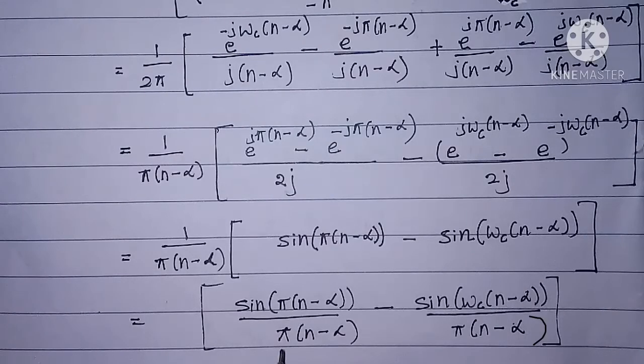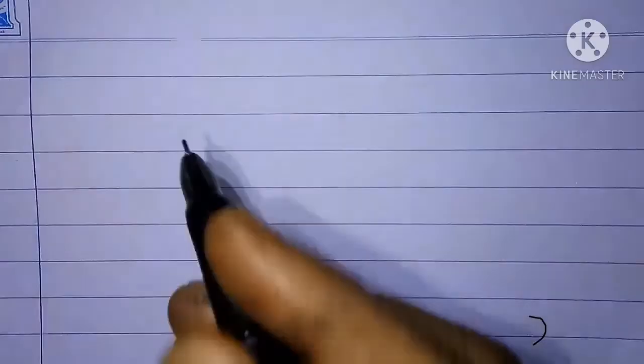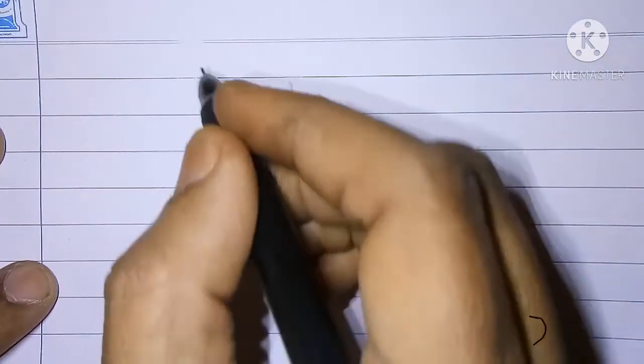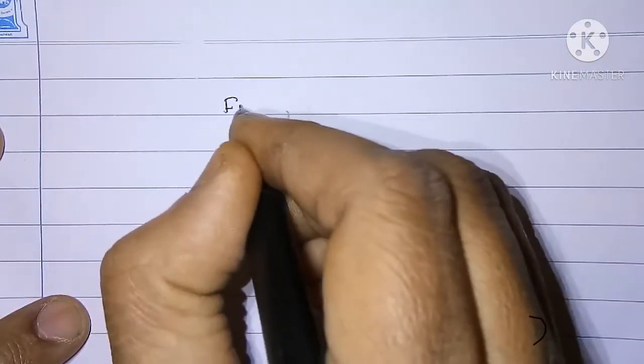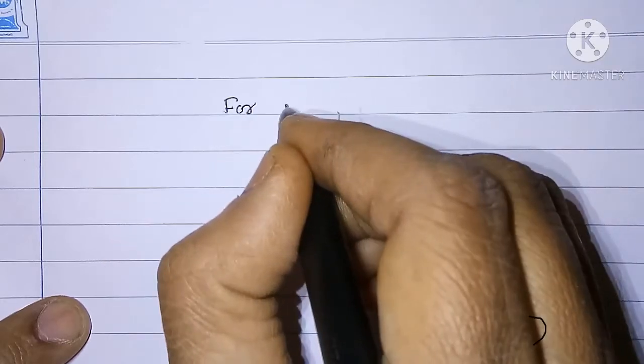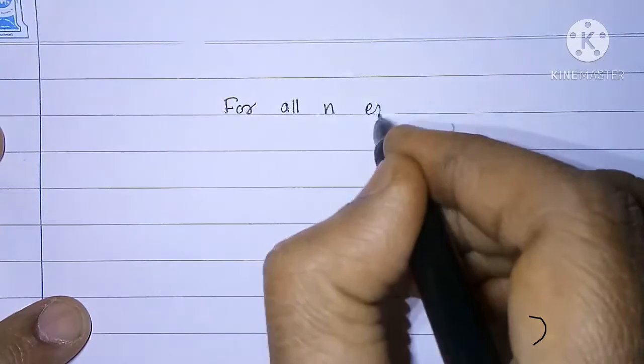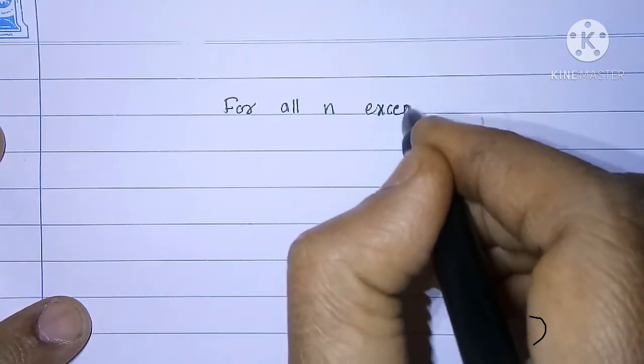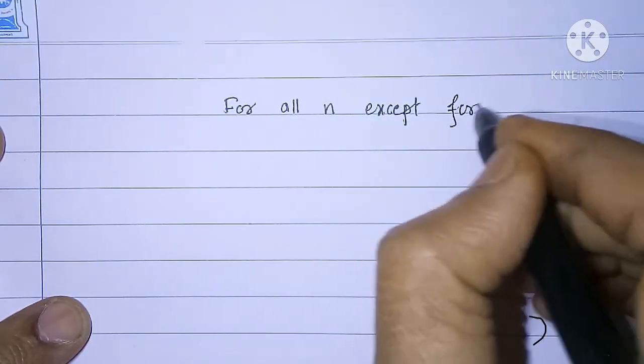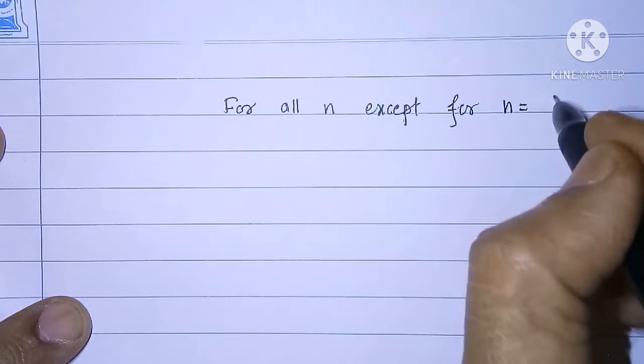This HD of n is valid for all n values except n equal to alpha. So I'll write here for all n except for n equal to alpha.